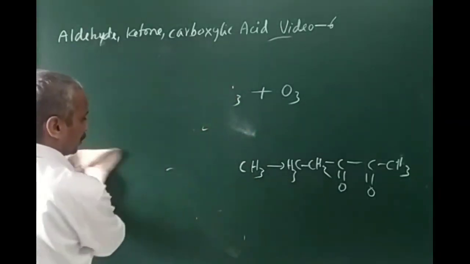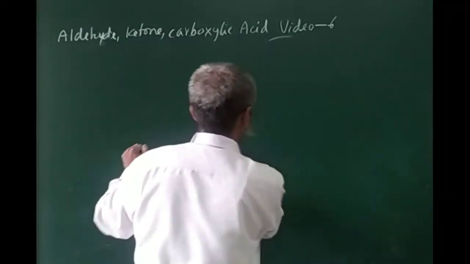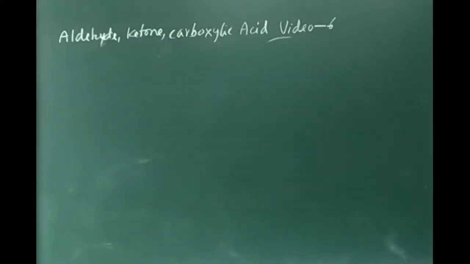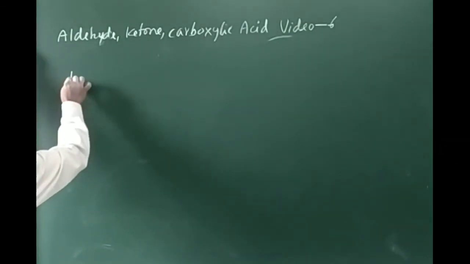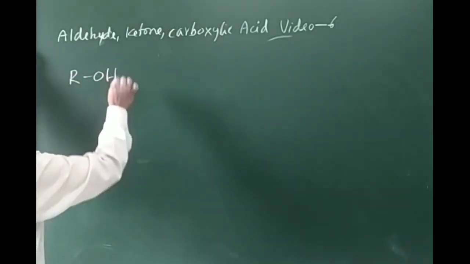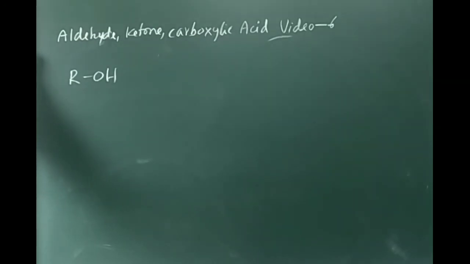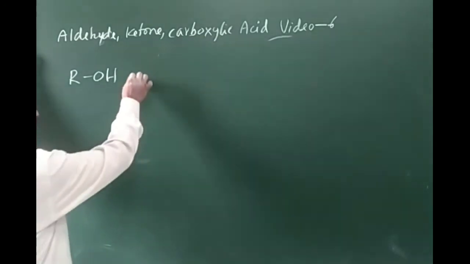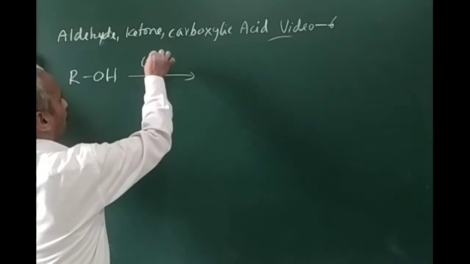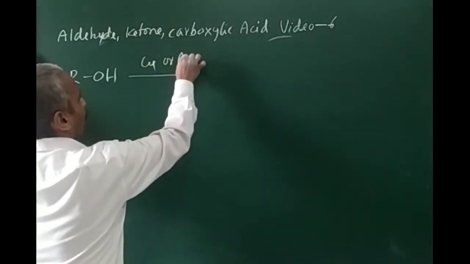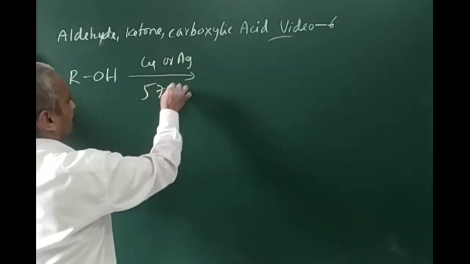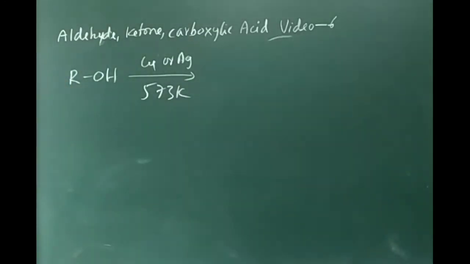Now, next one is from alcohols. See, ROH, which is a primary alcohol. What you do is you treat with copper or silver, 573 Kelvin, you heat it.